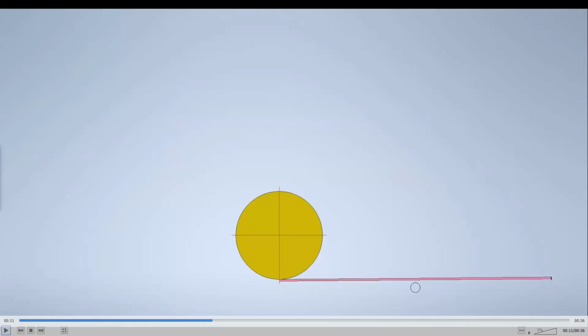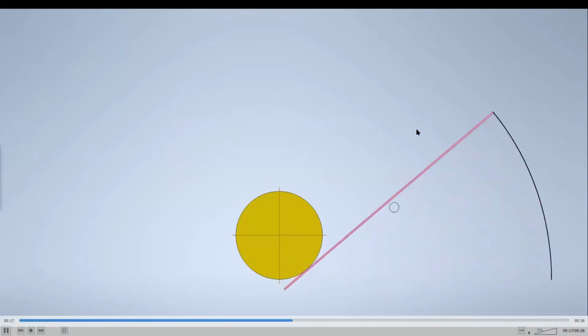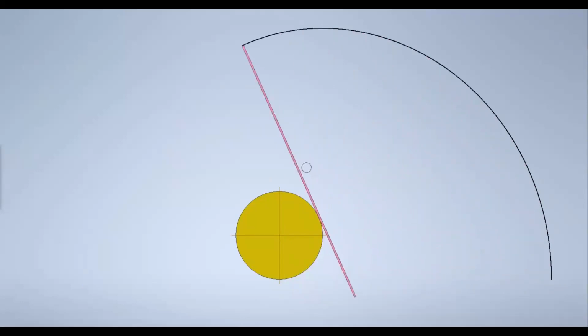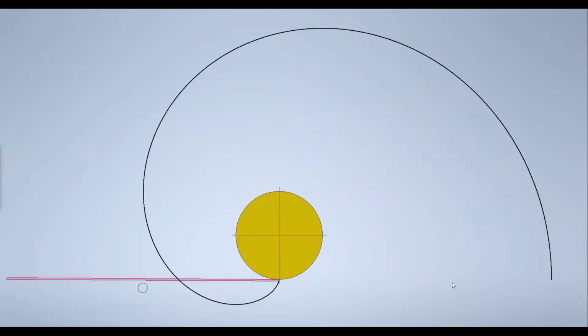So you can observe here. Every time this rod is tangent to this circle, this is how the involute curve is generated.